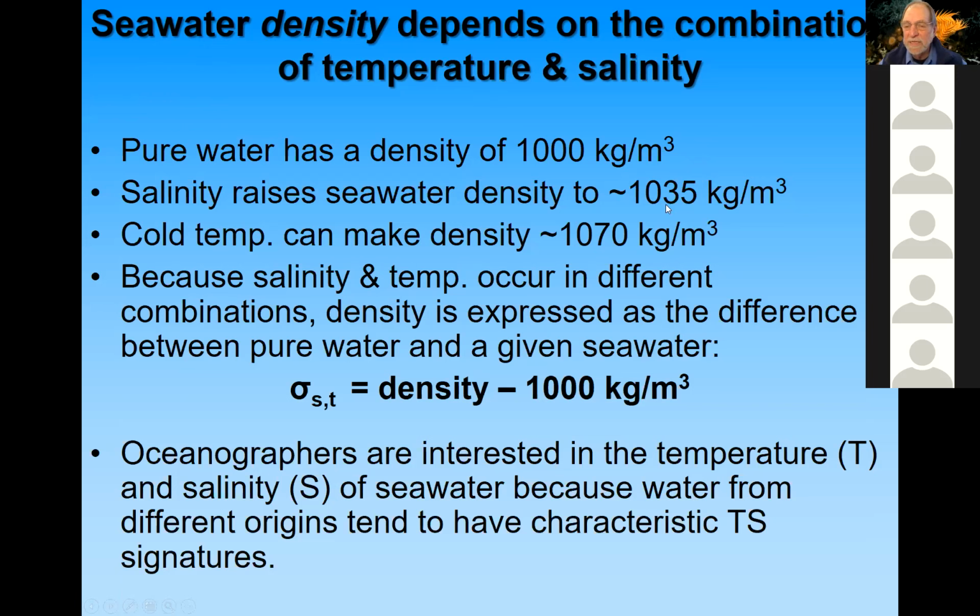Let's say that we had one body of water here, we'll call this number 1, and this has a salinity of just a little over 35, and a temperature of about 4. And so it's got a density of 1.028.